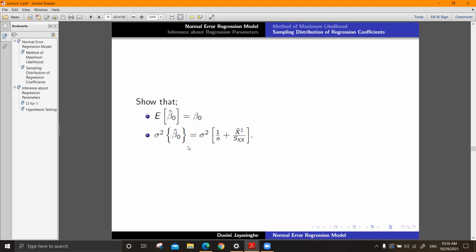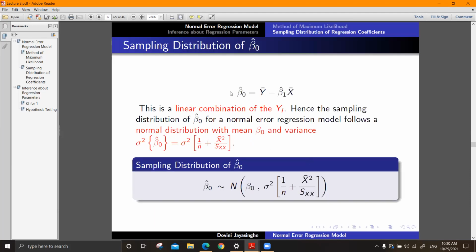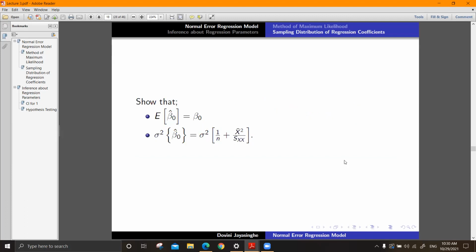I told you that I'm going to use this notation throughout the lecture slides. So try to come up with this. The starting point is the variance of beta naught hat. You take the variance on both sides of this. You know how to do that. So try to get this later on, not now. Anyway, I won't give questions like this in the exam.